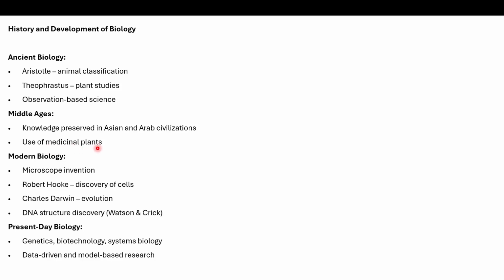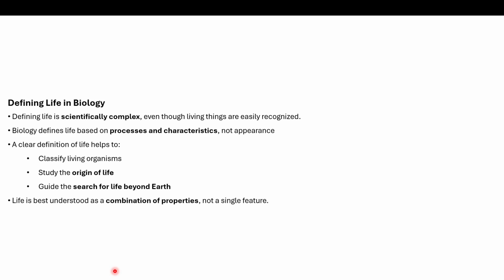Use of medicinal plants came into picture, and then all the discoveries were slowly being made and it gained momentum. Microscope invention, Robert Hooke discovered cells, Charles Darwin looked at the evolutionary aspect of organisms, then Watson and Crick gave us the DNA model, the DNA structure, and present day biology explores genetics, biotechnology, systems biology, data driven, and model based research.